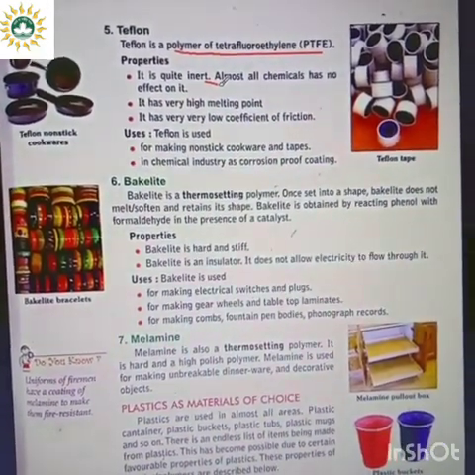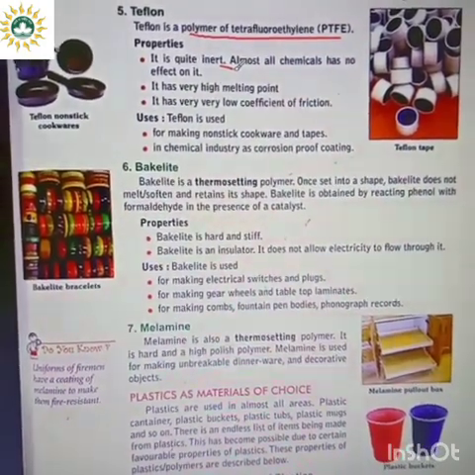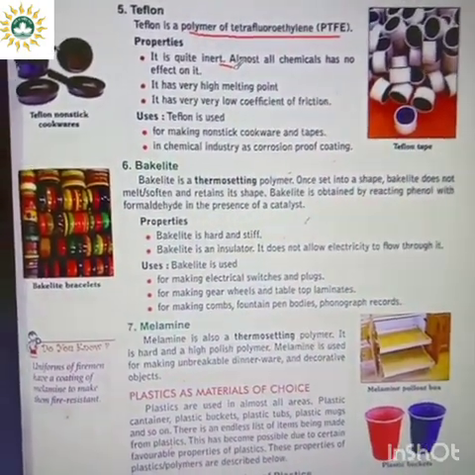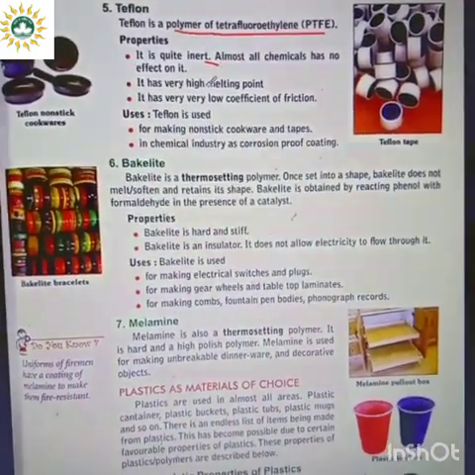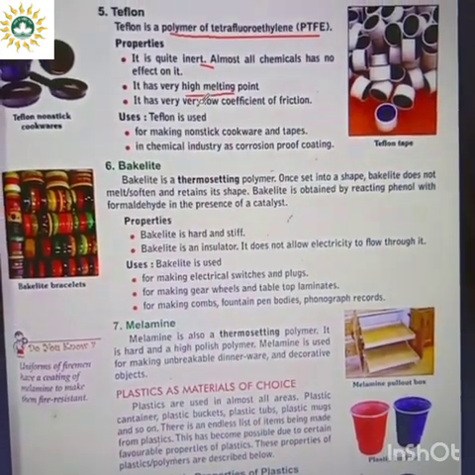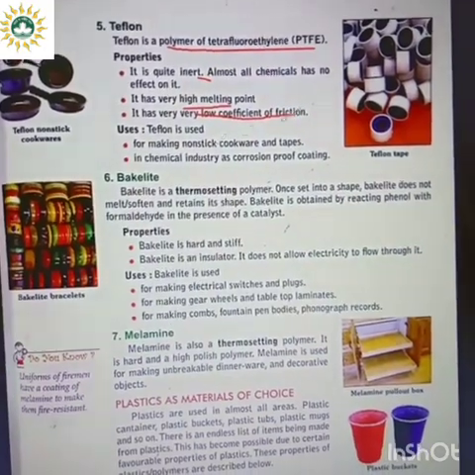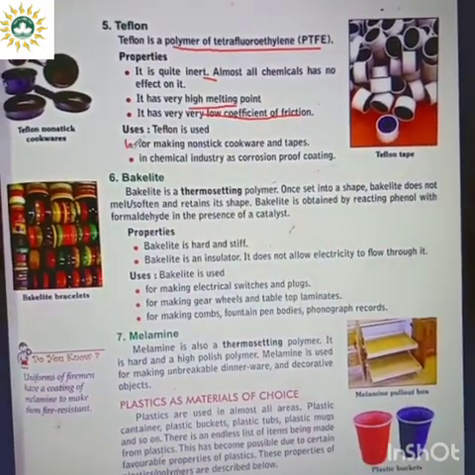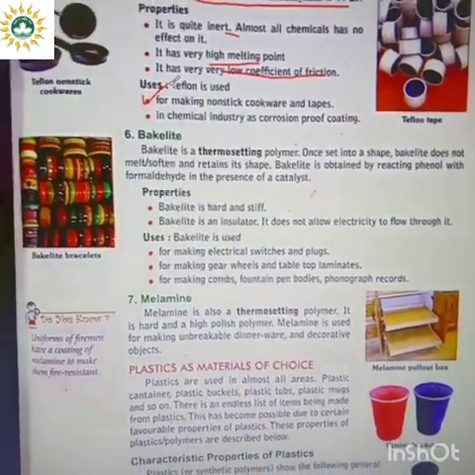That means inert in the sense that whenever you add any chemical to Teflon, they do not react, it doesn't have any effect. Okay, so they are very stable, and they have a very high melting point. They have a very low coefficient of friction in case of Teflon. It is used for making non-stick cookware and tapes, and in the chemical industry as corrosion proof coating, right?